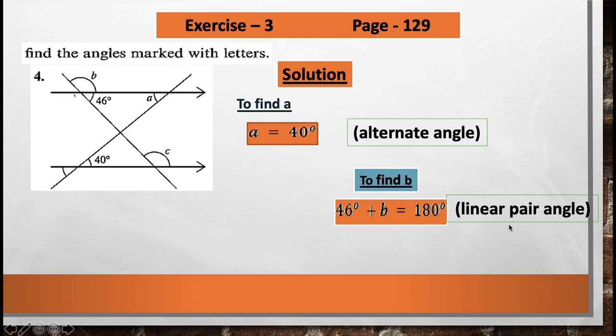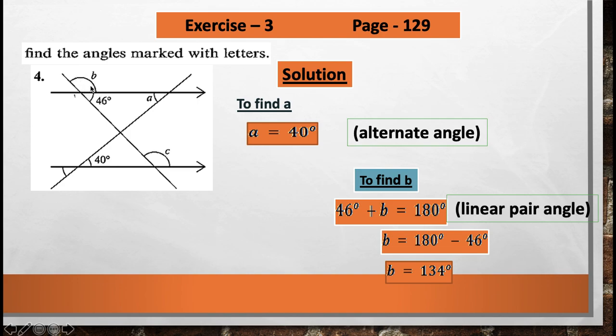B is equal to 180 minus 46 degrees. So angle B is 134 degrees.